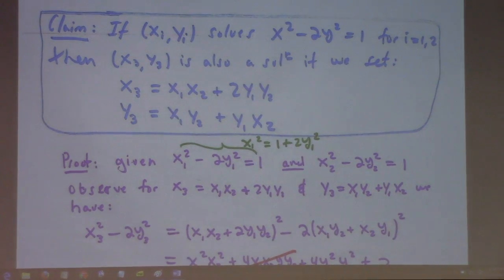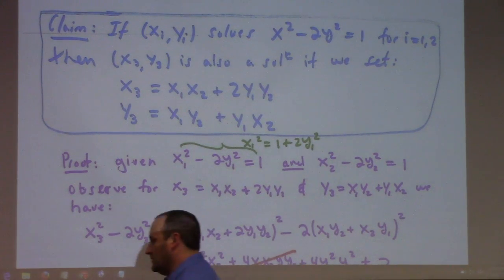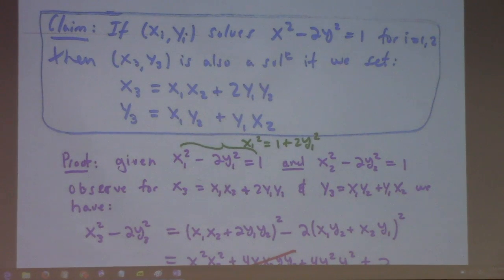So I have a solution to Pell's equation, x squared minus 2y squared equals 1. Then I'm claiming x3 is also a solution if we set x3 equal to x1 x2 plus 2 y1 y2. And let me write that out in a little bit more detail. Make sure you guys see what I'm saying here.